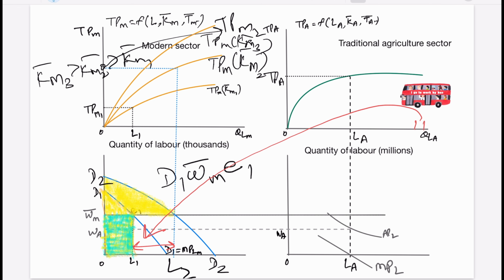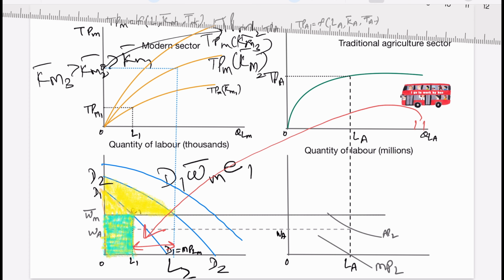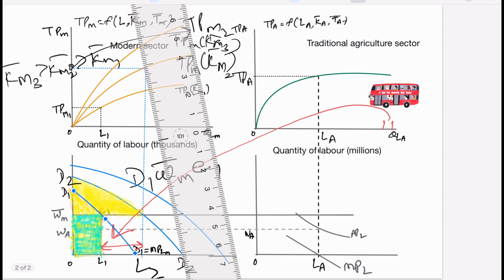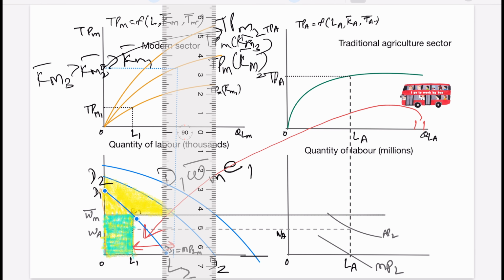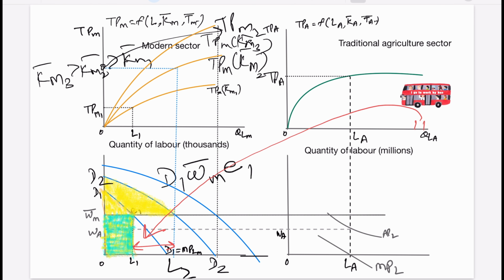And then corresponding to this, we will have our marginal product curve. So this is going to be something like TPM3, and this is L3. Okay, and this is D3, D3.